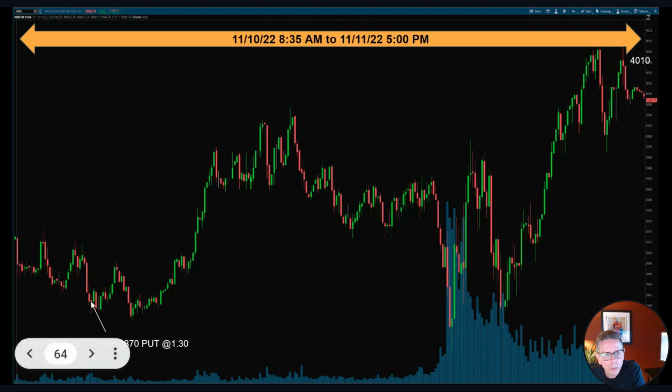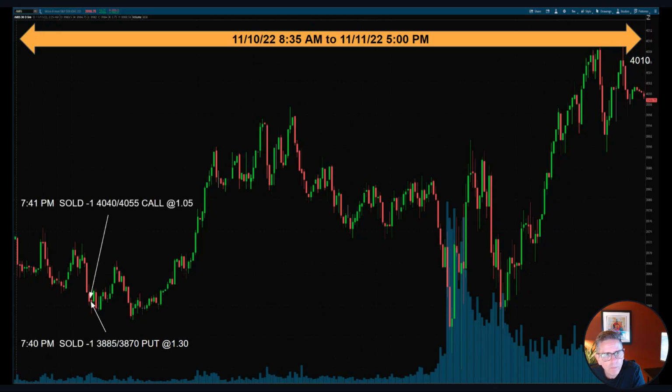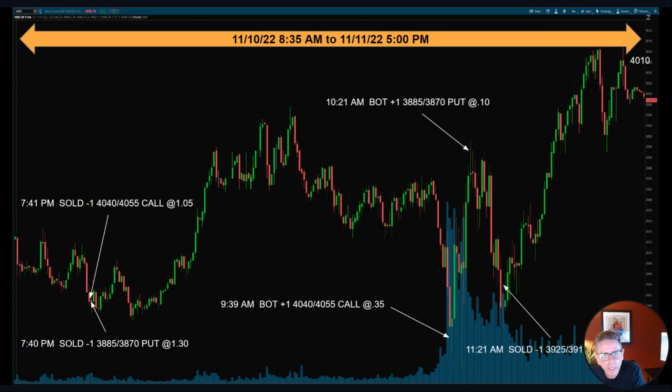Here we go through the put side. Here we put on $1.30. We sold a call side here for $1.05. Closed the call for 35. Closed the put for 10. And then we put on another put spread here, close to the market here.